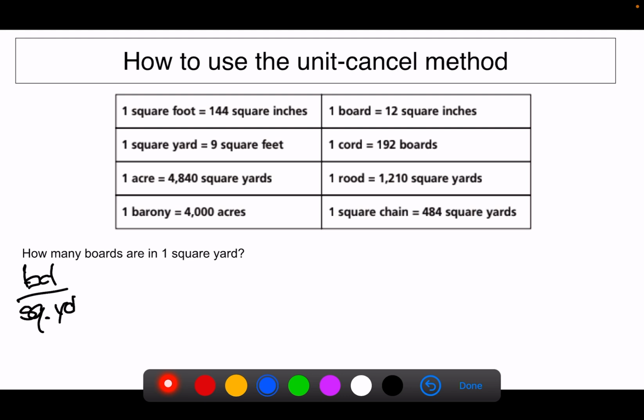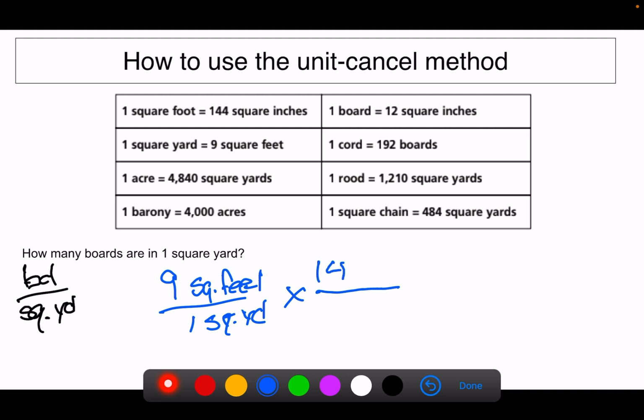First off, I'm going to have 9 square feet per 1 square yard times 144 square inches over 1 square foot. The reason I'm going there is because I want this square foot and this square foot to cancel and disappear. So then I'd have square inches to square yard.